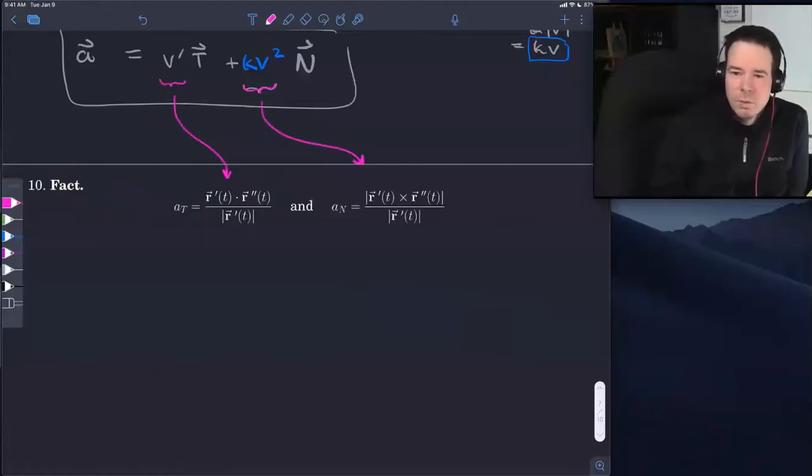What I find really cool about this is that these formulas are virtually identical, with the exception that there's a dot product in one and a cross product in the other. And this shows the deeper nature of dot products and cross products and how fundamental they are in the geometry of 3-dimensional space and how closely related they are.